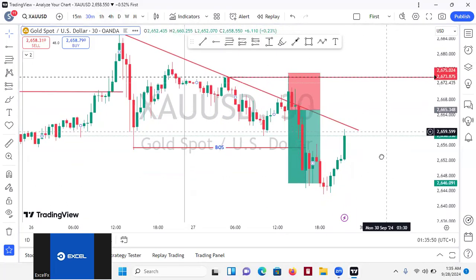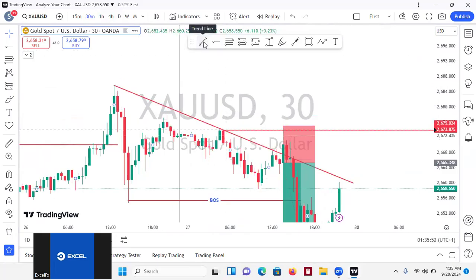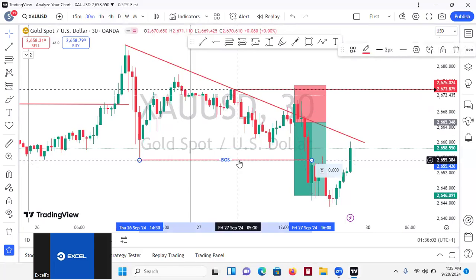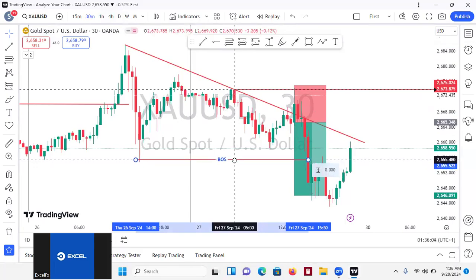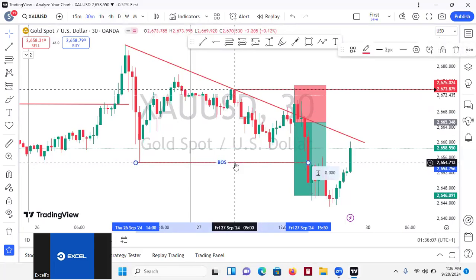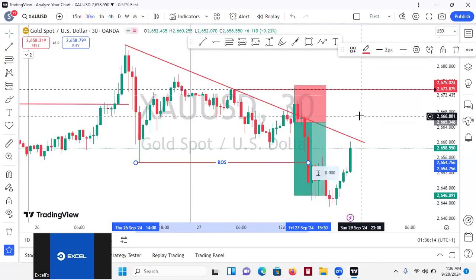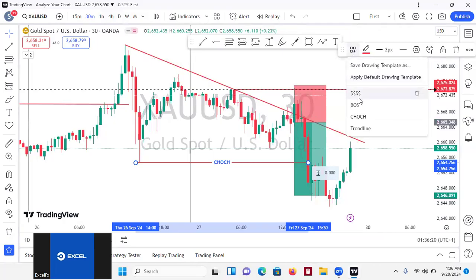Then as well, I also use this very trend line to highlight sometimes, just like what you are seeing here, my break of structure, my change of character as the case may be. I also just use it to give me a perspective of what I'm looking for in the market.